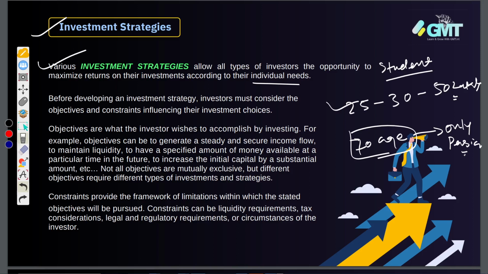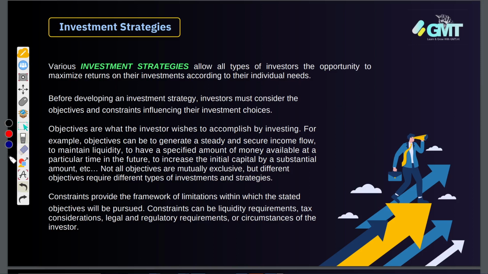I'm sure no. So every individual has different financial needs and a different financial risk appetite. Accordingly, the investment banks can help you design the investment strategies, right?